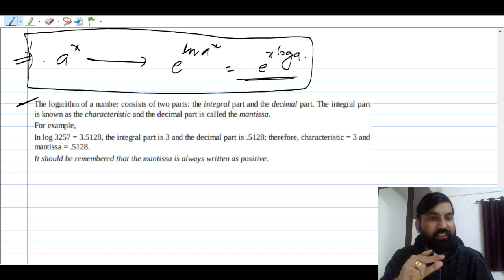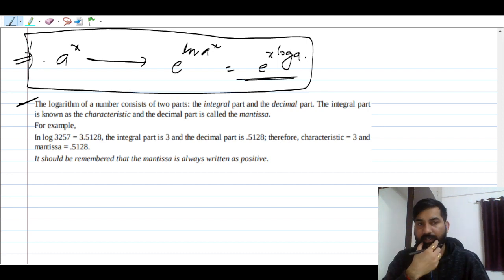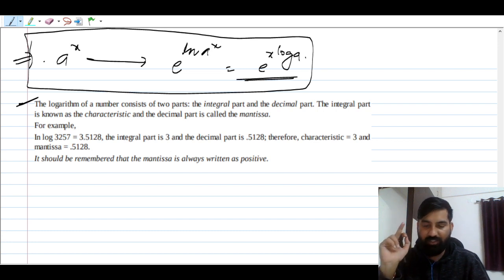You see this 3 is nothing but the integral part and the decimal part is nothing but 0.5128. It should be remembered that the mantissa is always positive. This you always have to remember.